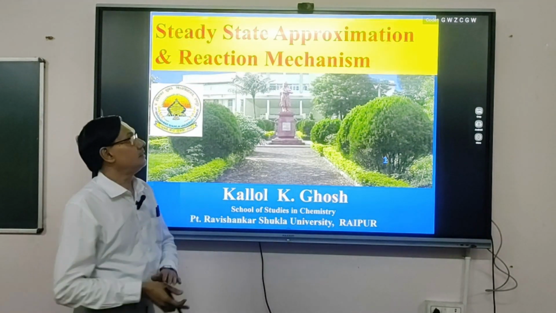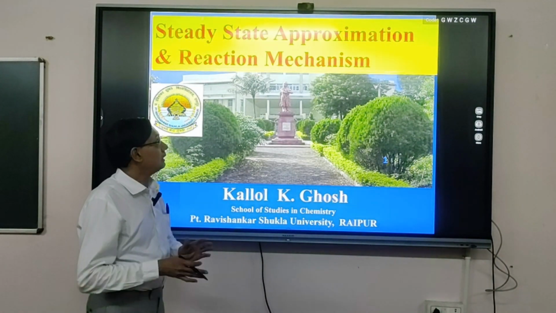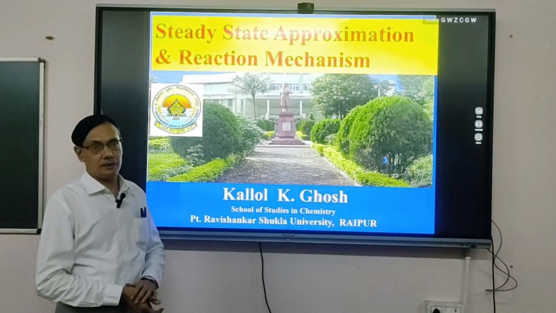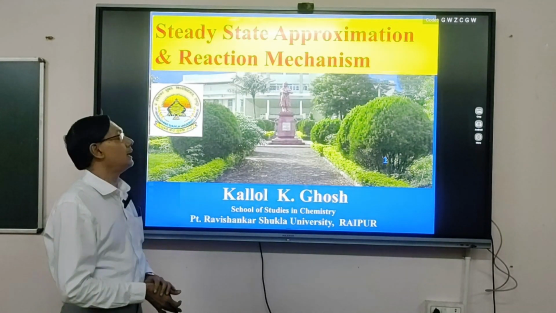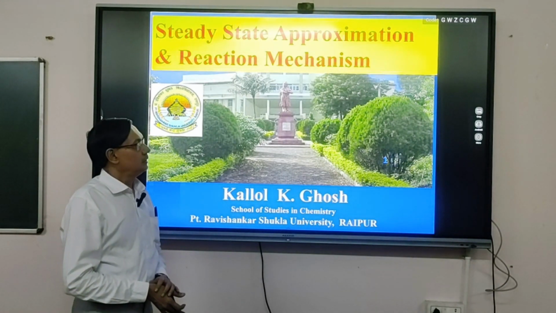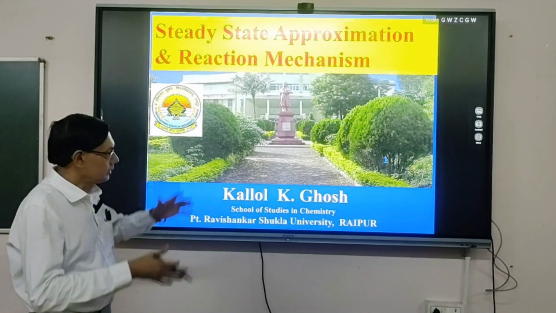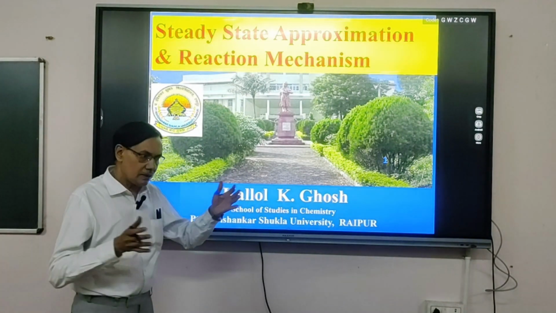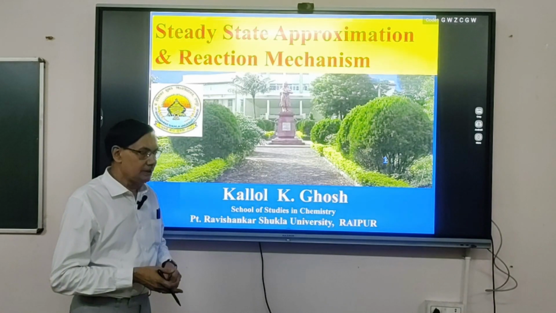Now the question arises, what is actually steady state approximation? Why do we call it an approximation? Because suppose there is a multi-step reaction and there are some intermediates.